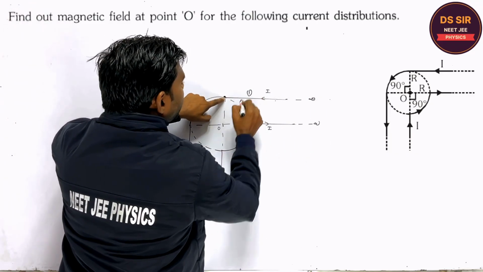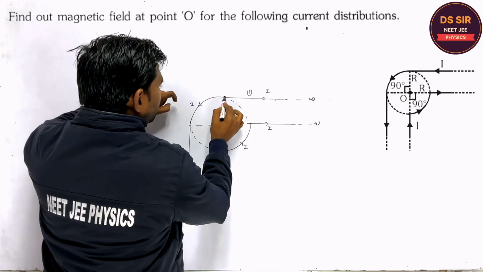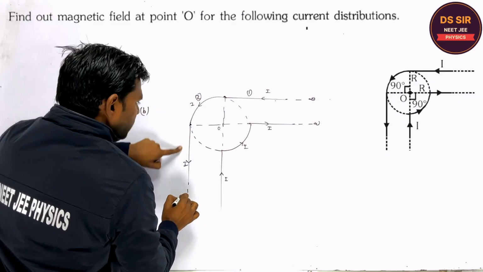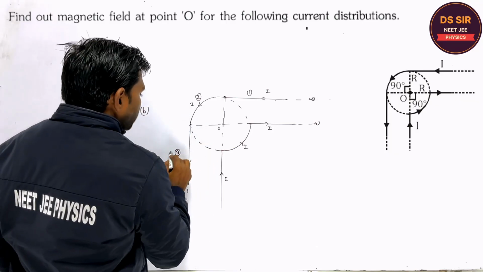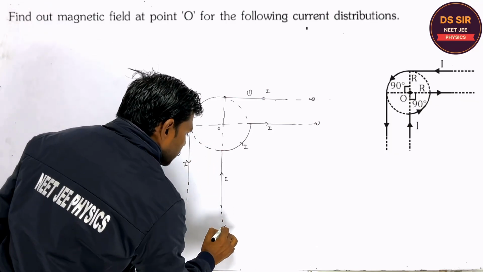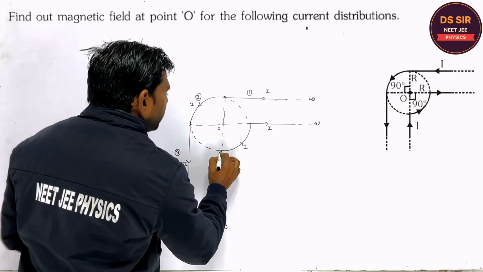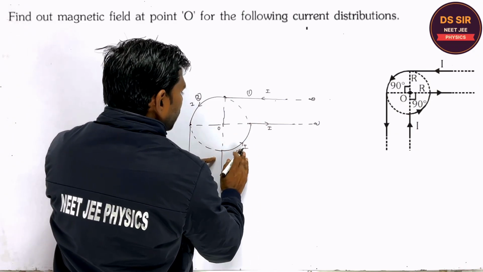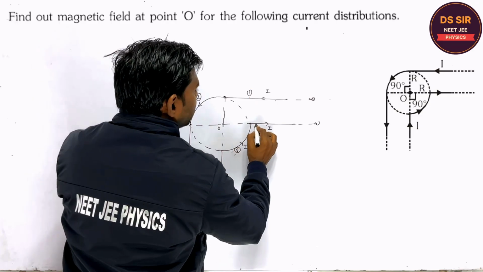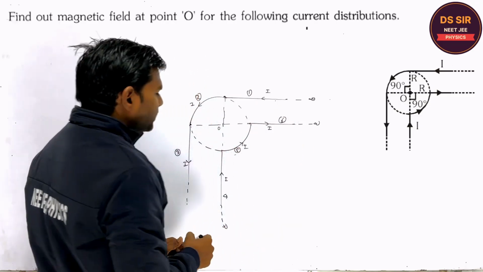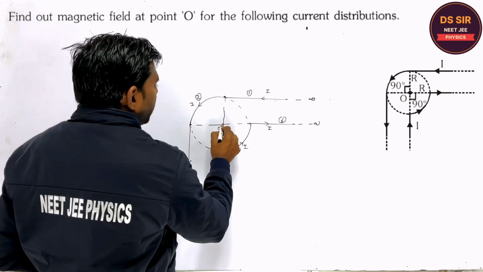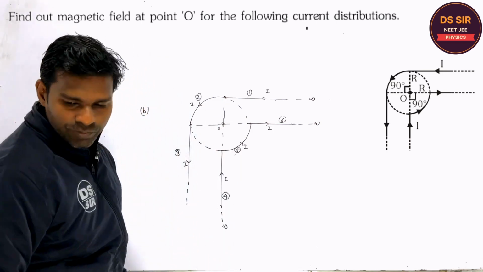This is the semi-infinite wire, this is the quarter circle, this is the semi-infinite wire, this is the quarter circle, and this is the semi-infinite wire. So how many parts are there? Six. And we have to find the magnetic field at O.